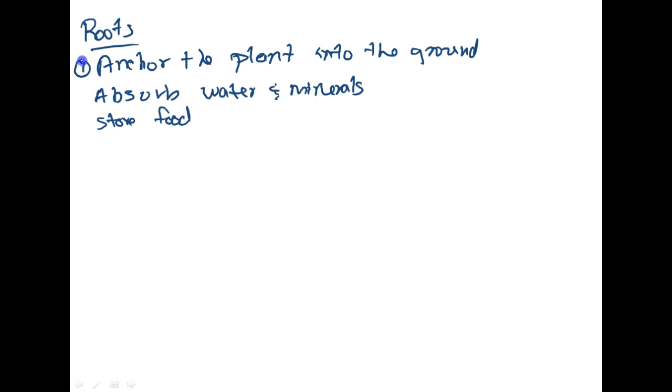Okay, so these are the three things that plants use their roots for: to anchor them into the ground, to help absorb water and minerals, and to store food.